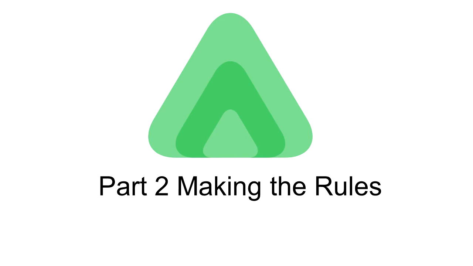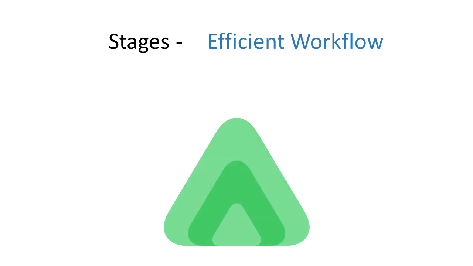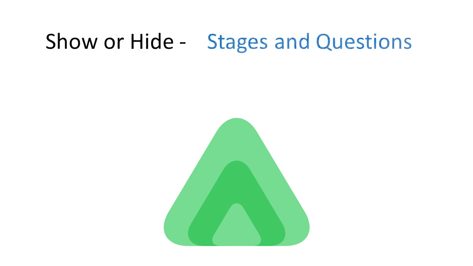The purpose of this video was to show you how you can use the Snappy rules to create effective and efficient workflows. In this exercise, we've covered topics such as how the stages can help you with efficient operations. We've looked at how you can either hide or show rules and stages.